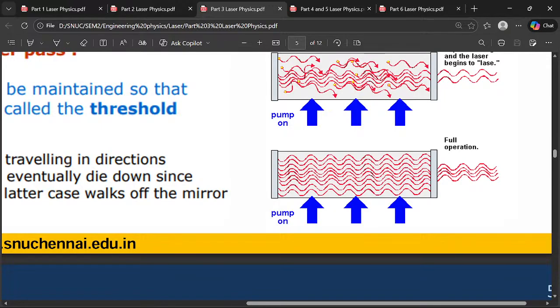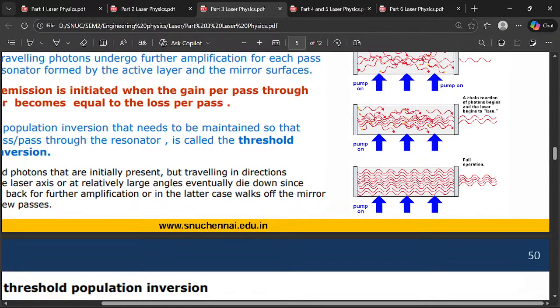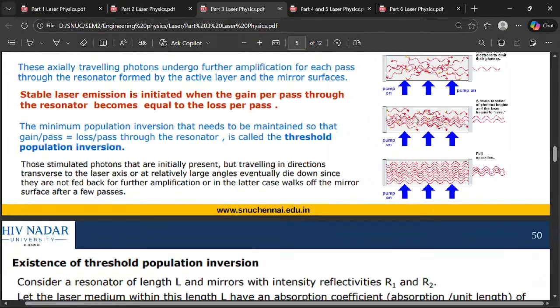So they lose energy, and only the axially moving photons sustain their energy. The lasing action at that time reaches the equilibrium point, that is, the threshold population inversion gets achieved. So the lasing action is now completed. This is basically how a laser works.